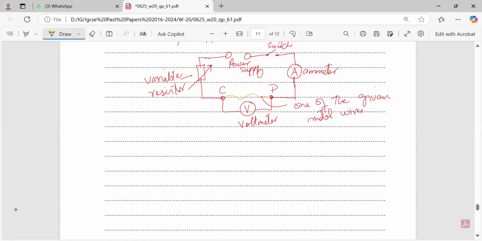You can say, connect one of the given wires between points C and D.